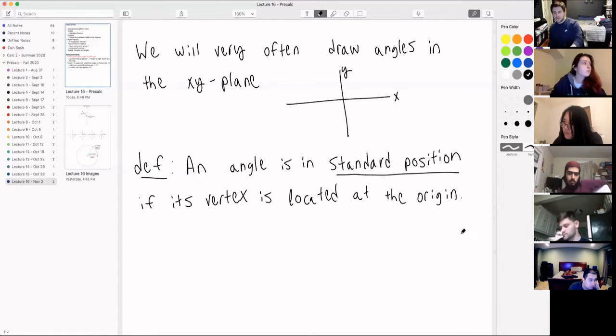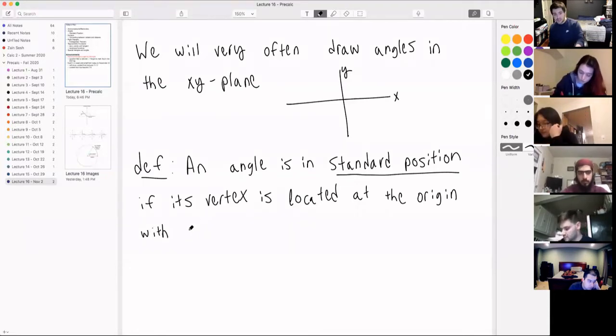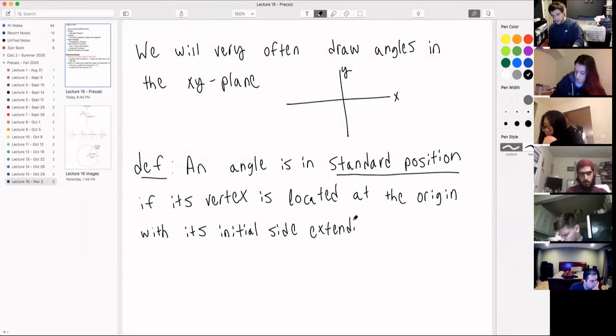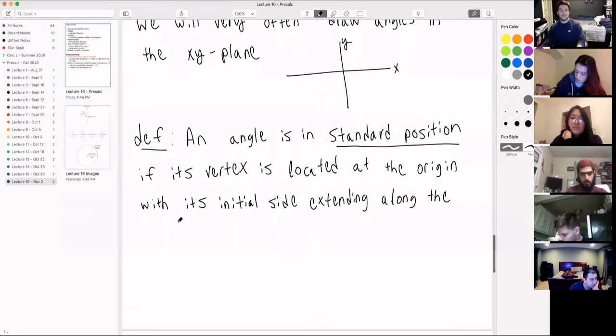There's just a little more to this definition. If its vertex is located at the origin with its initial side extending along the positive x-axis.